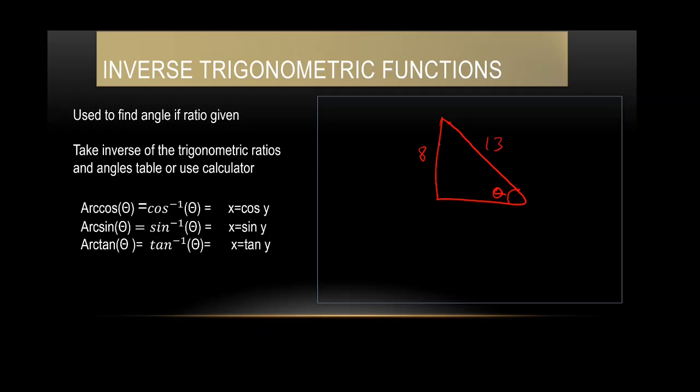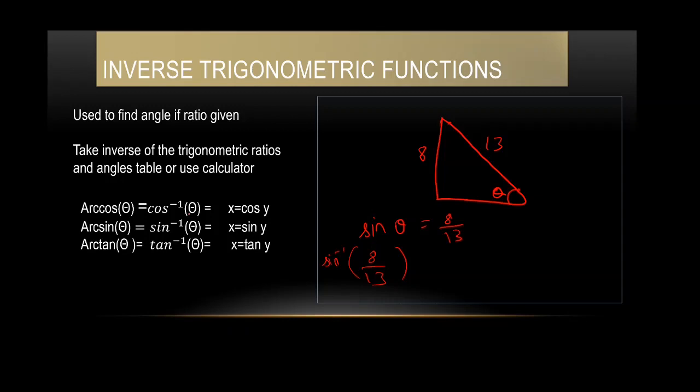Take sine theta. Sine of theta is equal to opposite by hypotenuse, so 8 by 13. So what will the angle theta be equal to? Angle theta is equal to the sine inverse of 8 by 13. That's what is given here.